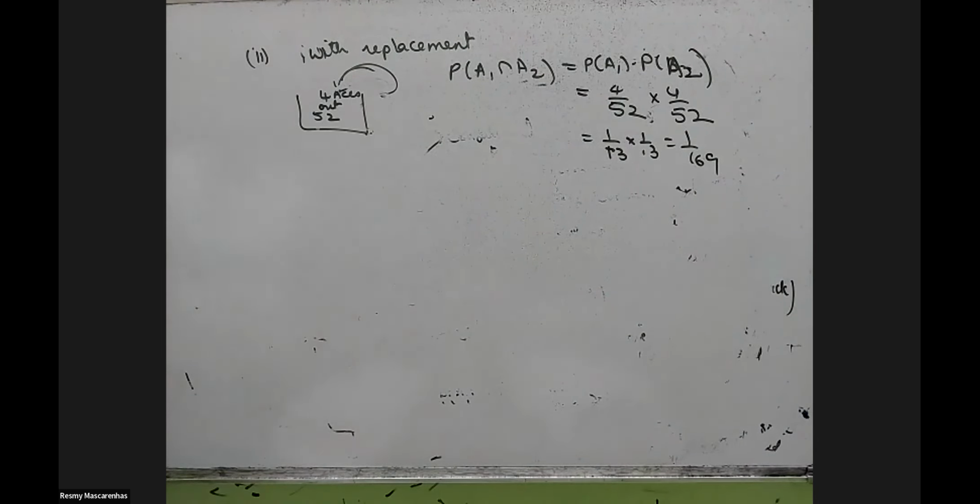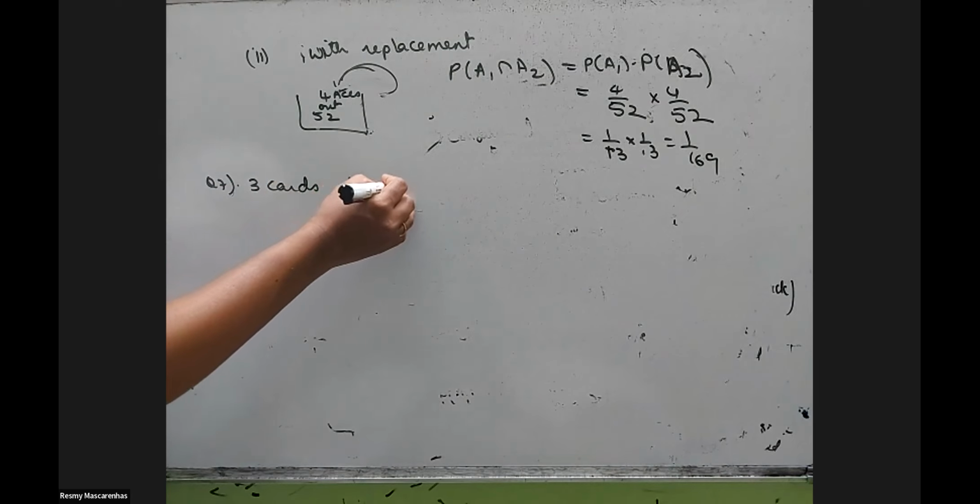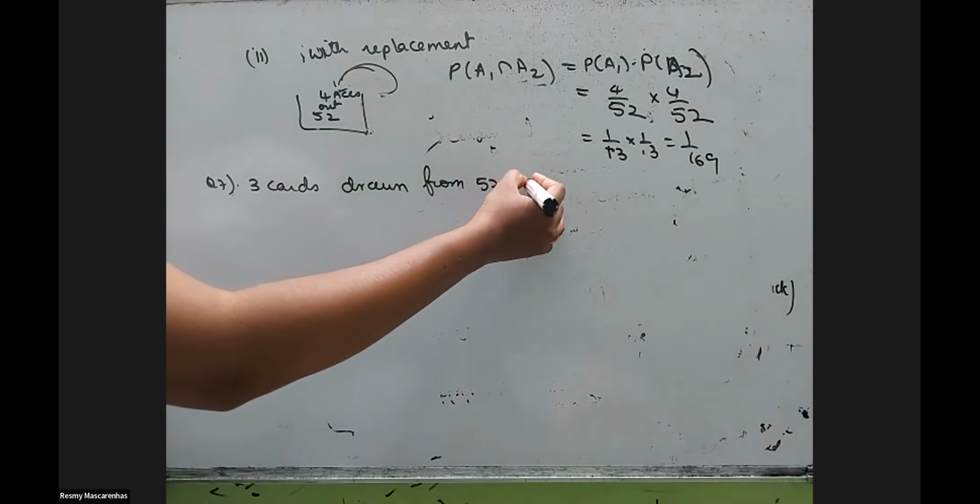Write the seventh one. 3 cards are drawn from 52, one after another.